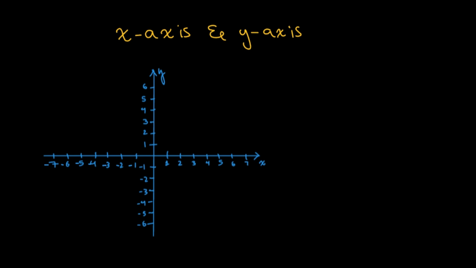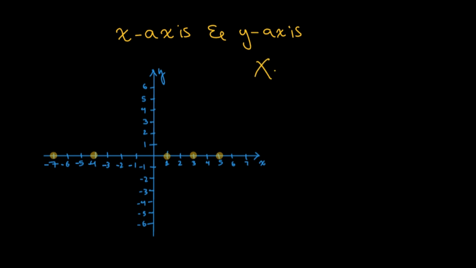Now for the equation of the x-axis, you need to understand that the x-axis is a horizontal line. And it will have an equation in the form y equals something. So on the x-axis, the y value is always 0. For example, the coordinates are (1, 0), (3, 0), (5, 0), (-4, 0), and (-7, 0).